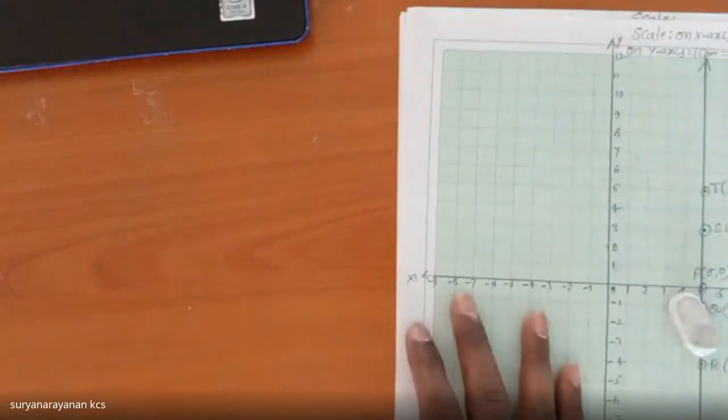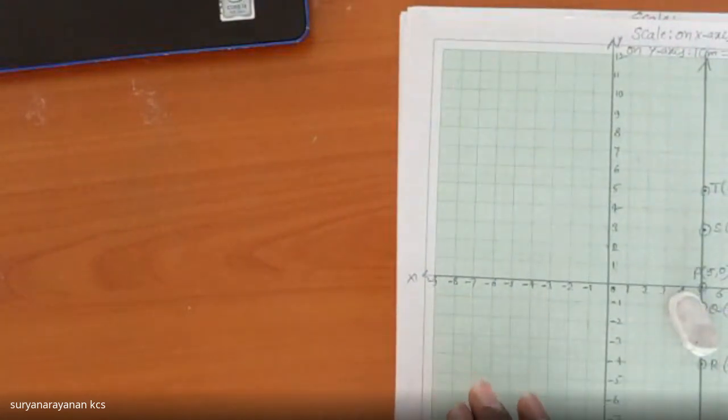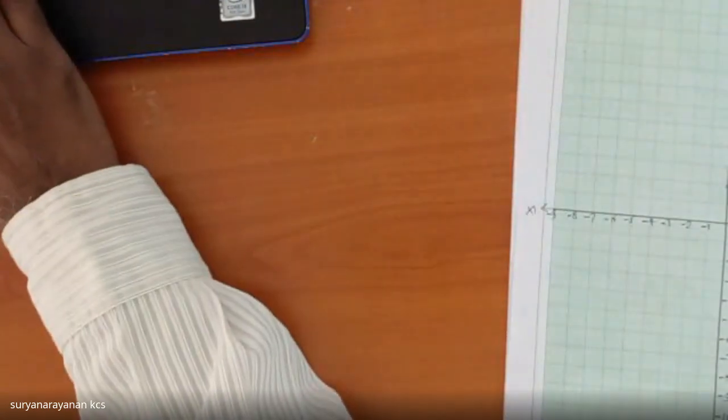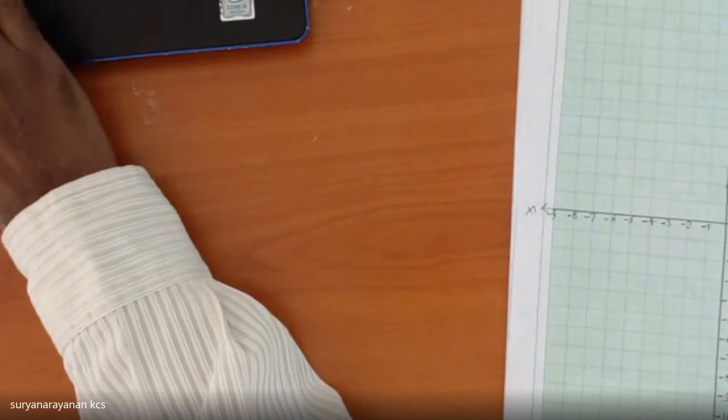Once you go through these notes, go through the textbook also, pages 75, 76 and 77, and see these examples also. Okay, my children. And do the two sums.